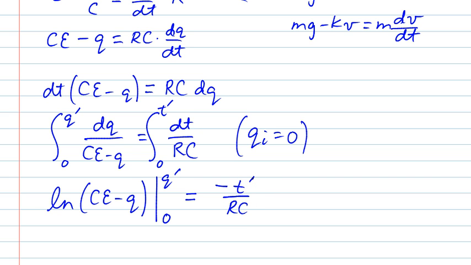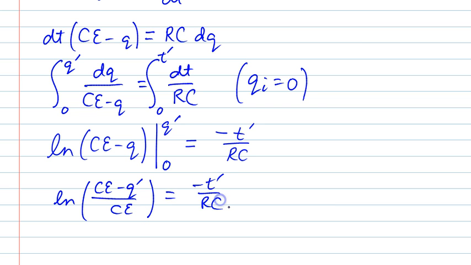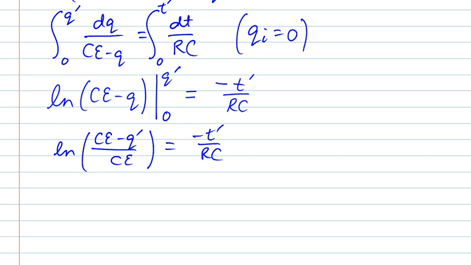Now the minus sign is because when I had a minus sign with the natural log, I just brought it to the other side. Okay, and so when I substitute, I'm going to have natural log of CE minus Q prime over CE is equal to negative T prime over RC. I'm going to drop the pretense of the primes and raise e to each side's power.